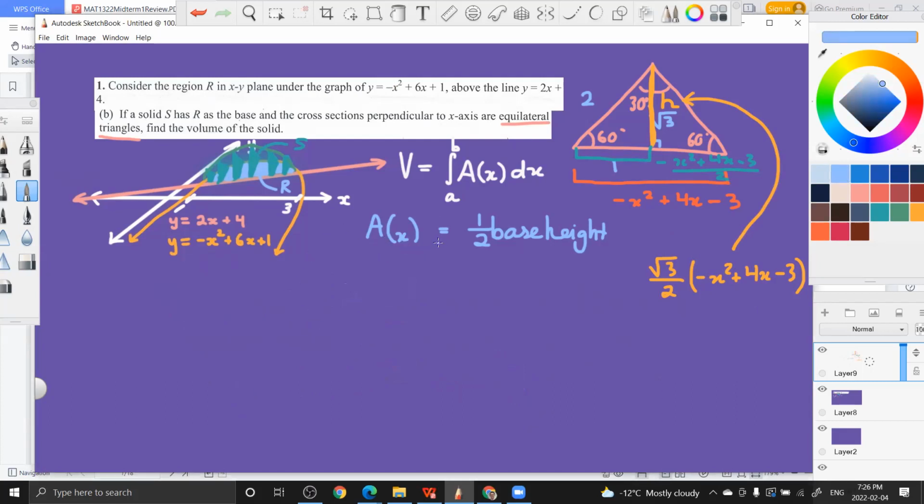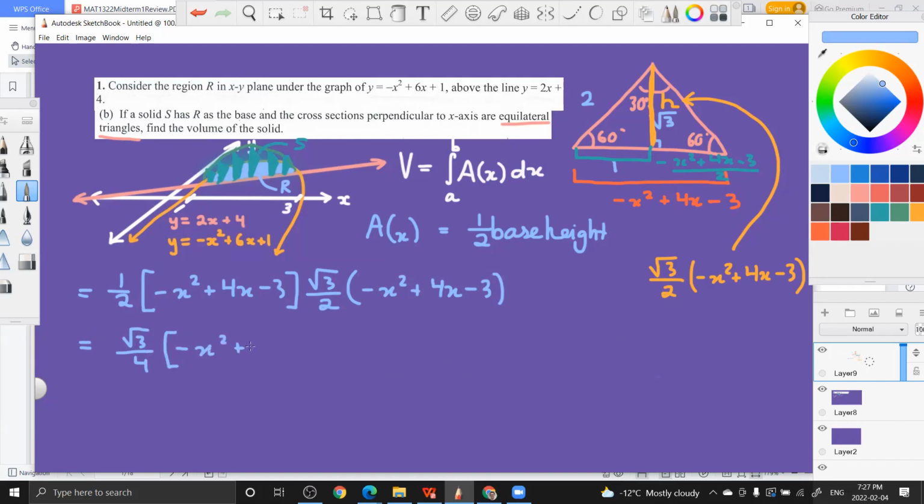So the area is equal to 1 over 2 times the base times the height. The base is negative x squared plus 4x minus 3 times the height. The height is square root of 3 divided by 2 times negative x squared plus 4x minus 3. That's the same as the square root of 3 over 4 times negative x squared plus 4x minus 3 to the power of 2.